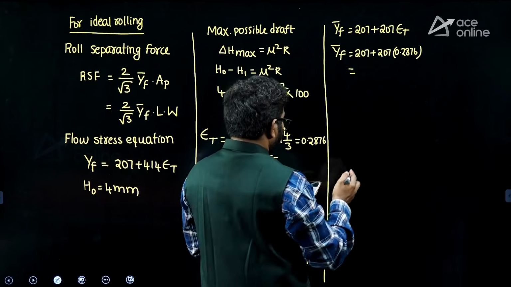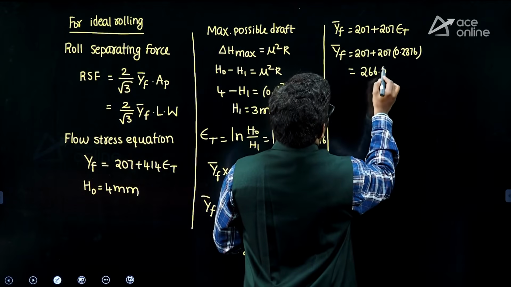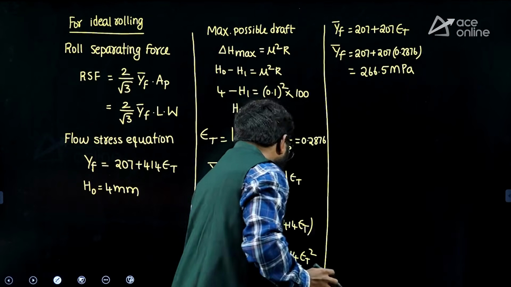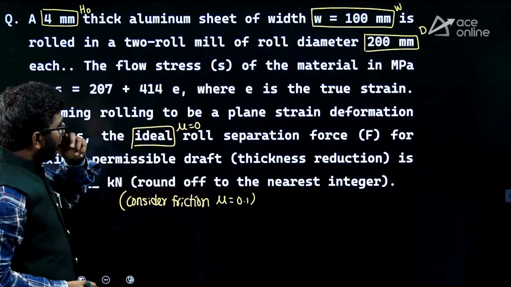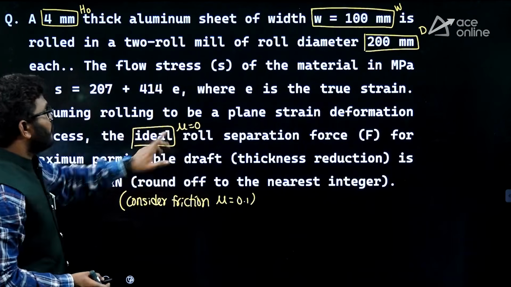That is 266.5 megapascal. So from this equation I got the average flow stress, and they are not asking to calculate the practical rolling force, they are asking the ideal rolling force.